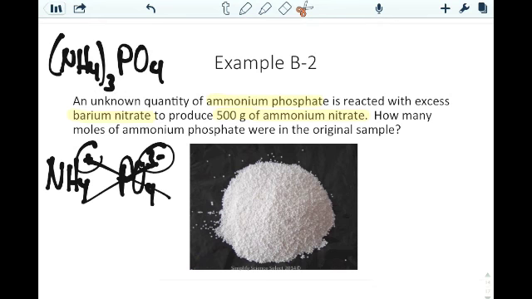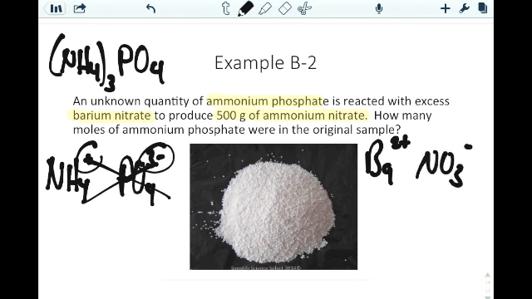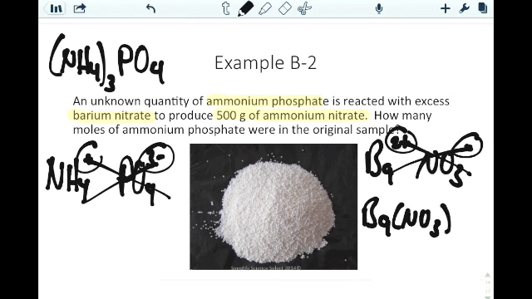That's reacting with our barium nitrate, which is Ba, and barium has a +2 oxidation number, so it'll be 2 plus, and it's bonded to nitrate, which is NO3 with a negative charge. Crisscross, and we get Ba(NO3)2. So those two are reacting together.